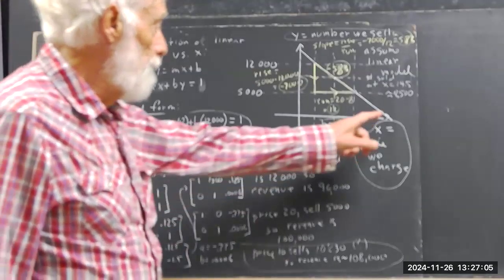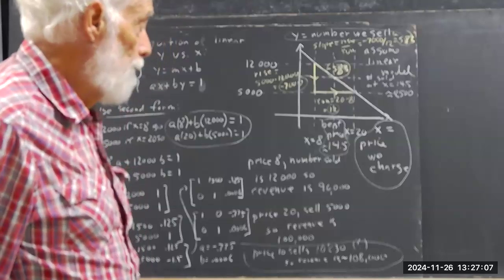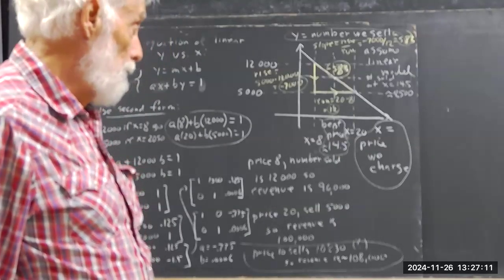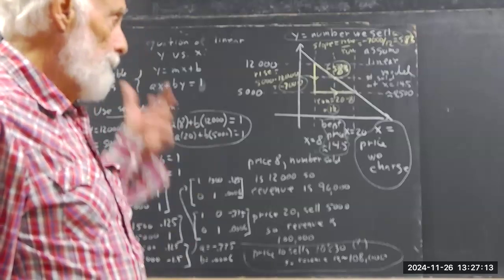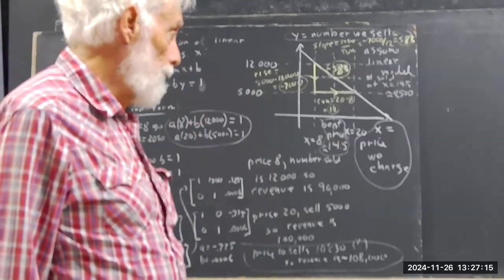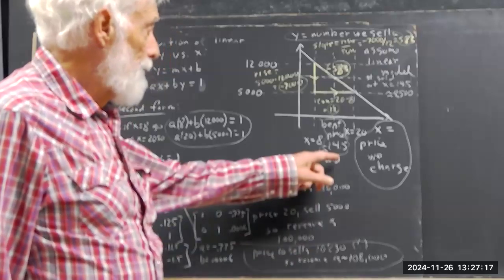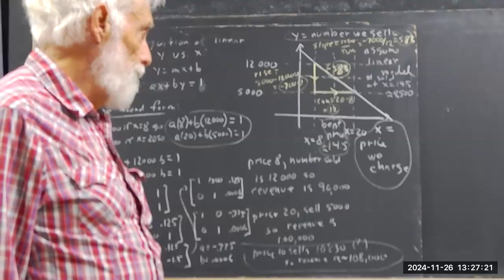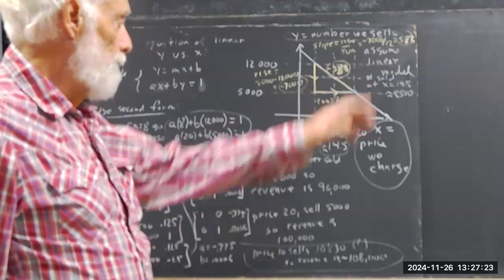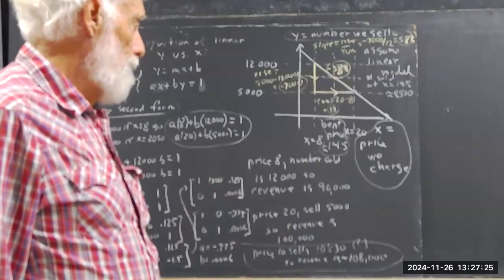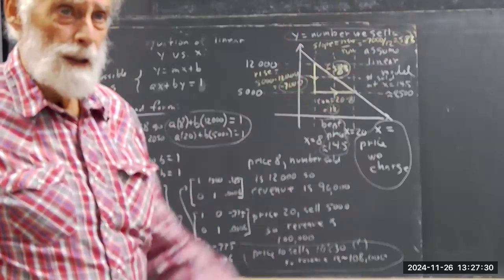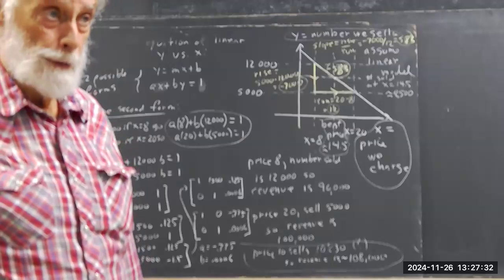And again, if we sell 8,500 at 14.5, well, 14 times 8,000 is 112,000. Another half, we get it up to about 116,000. And 14.5 times 500 is going to add another 7,000. It's going to be up in the 123, 124,000 range.